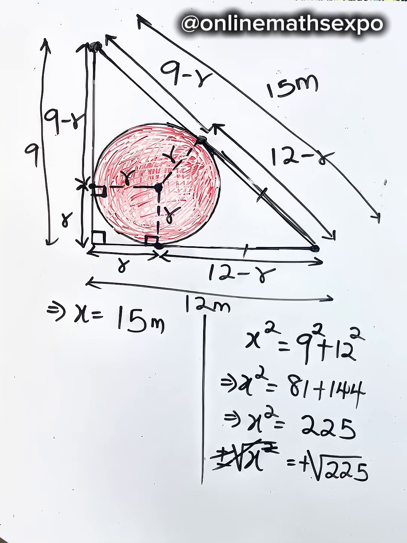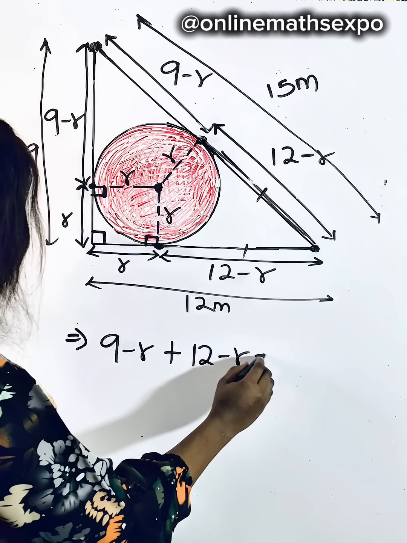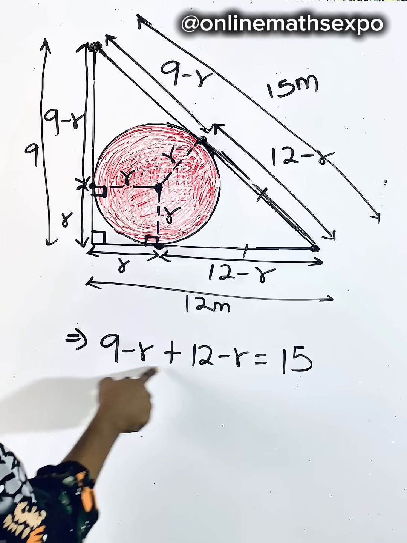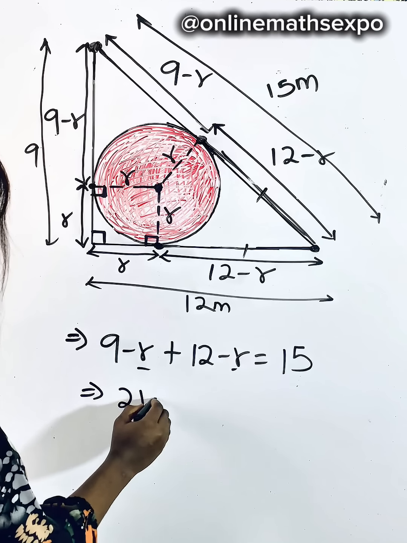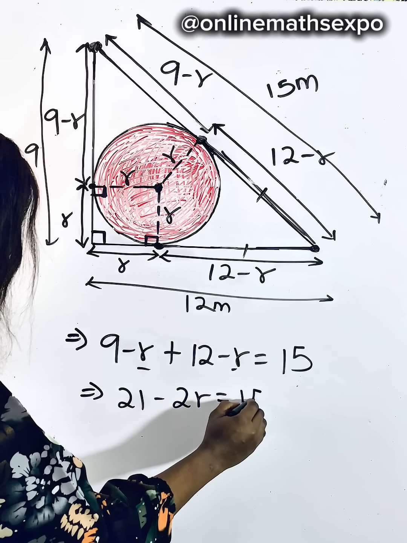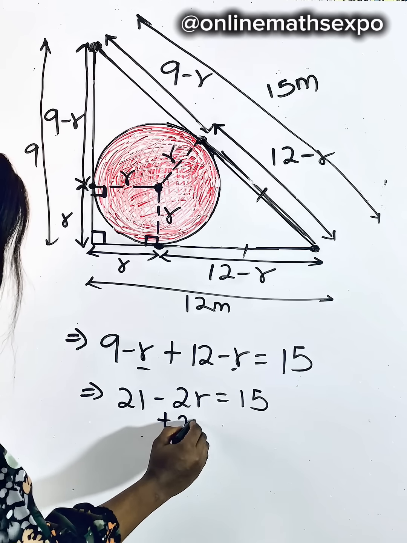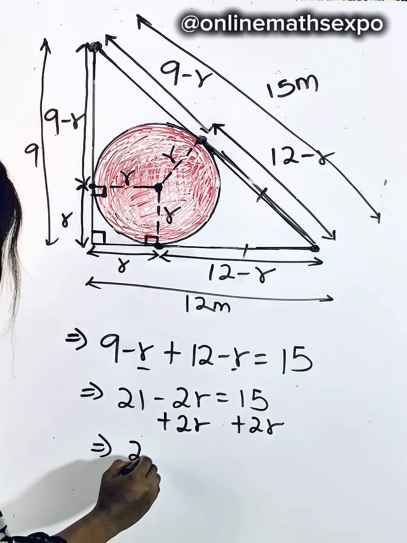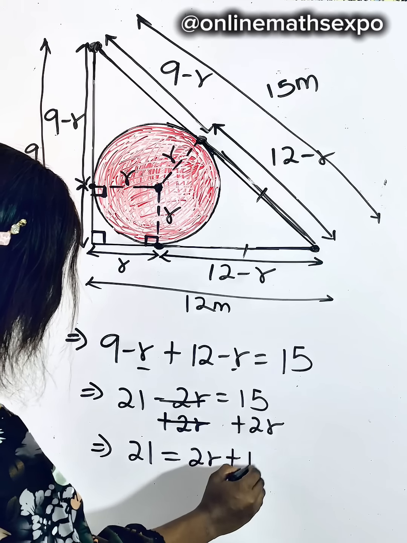Let's keep doing this to have 9 minus r plus 12 minus r is equal to 15. Simplifying this, add this and this, it gives you 21. Add this and this, it gives you negative 2r, so 21 minus 2r is equal to 15. What do we do next? We are going to add 2r to both sides. So if you do that, you are going to now have 21 is equal to 2r plus 15.